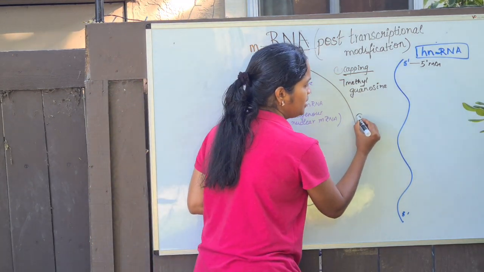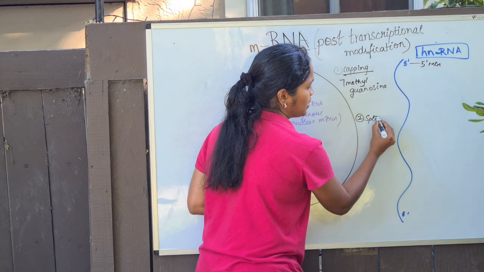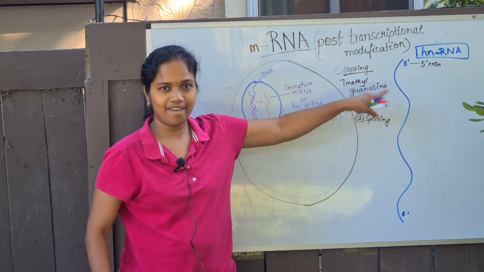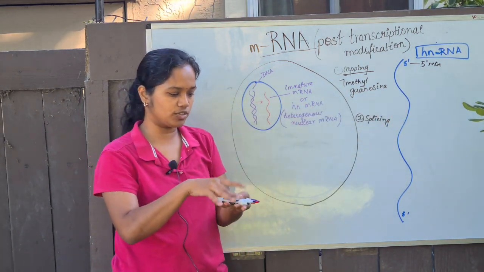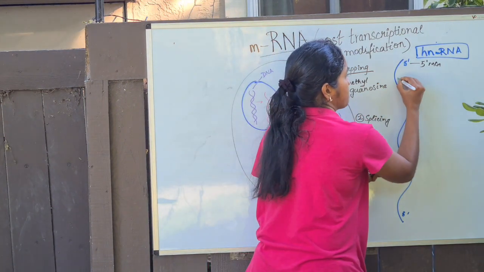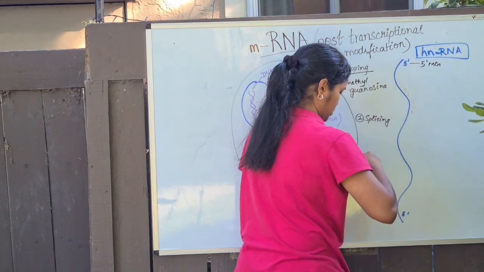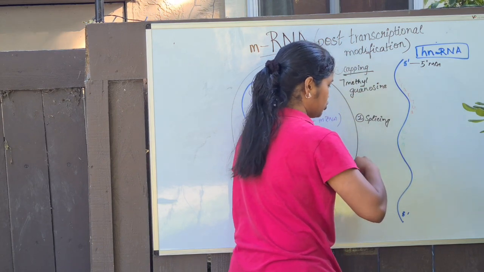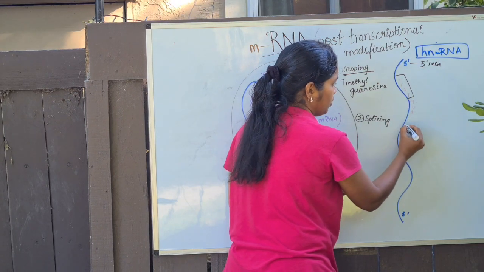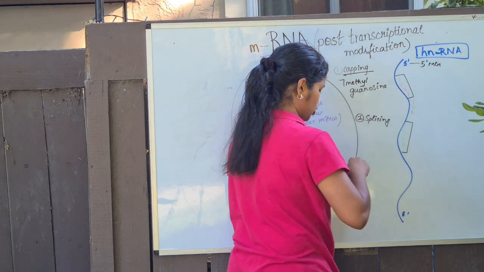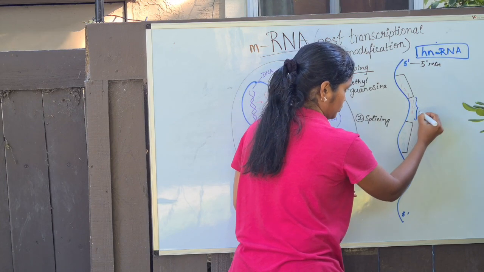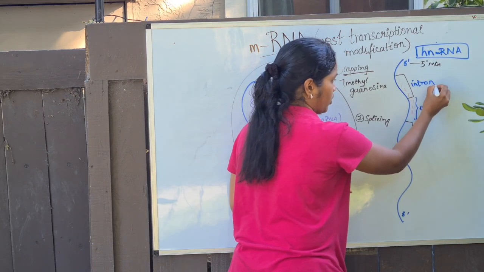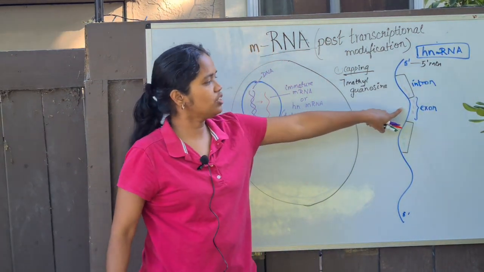Then in the middle it undergoes splicing. So what does splicing mean? This mRNA will contain introns and exons. Say for example, in short, this is an intron and this is an intron and this is an exon. So the exon is the coding portion.